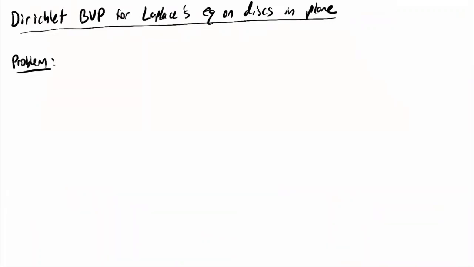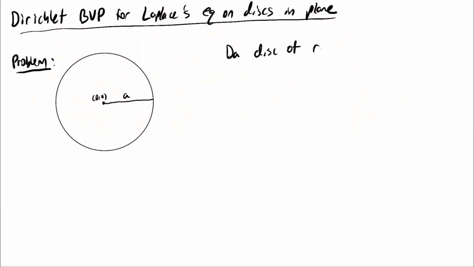Right, and so let's say we have a disk centered at the origin in the plane. Right, so let me draw a disk here. Say this is the origin. And let's say it has radius A, right? And so let me call this disk D_A, which is the disk of radius A. And so we can describe this in Cartesian coordinates as the set of all points such that x squared plus y squared is less than a squared, right?